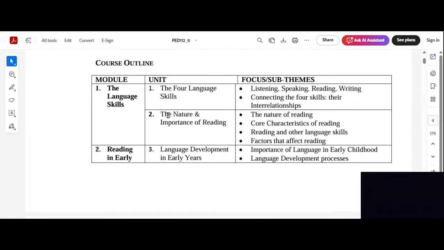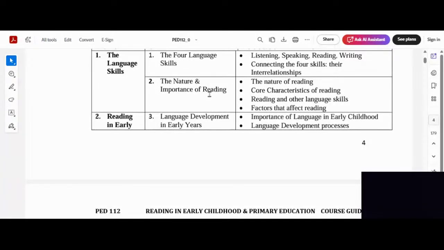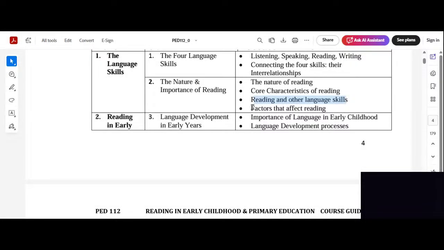And in Unit 2, we'll talk about the nature and importance of reading. Why should I read? We'll learn the nature of reading, the core characteristics of reading and other language skills. We'll learn factors that affect reading, and then we are done with Module 1.